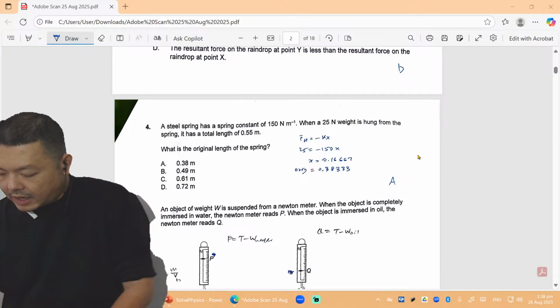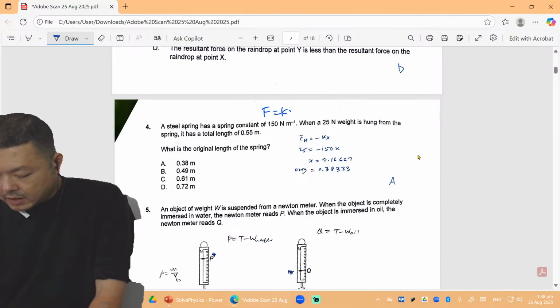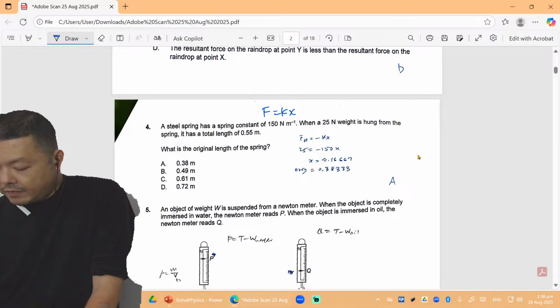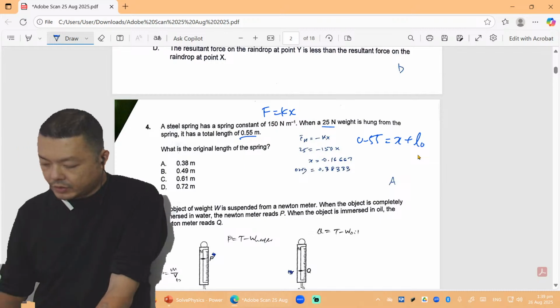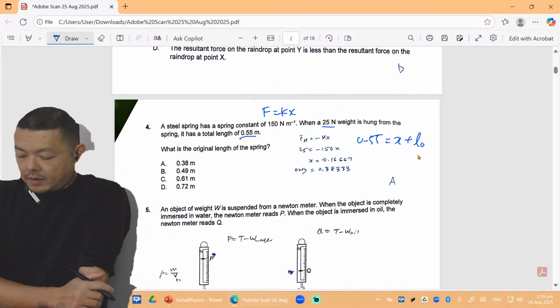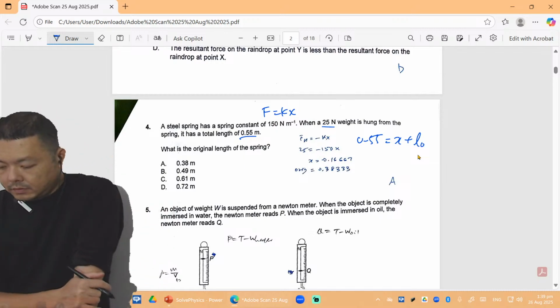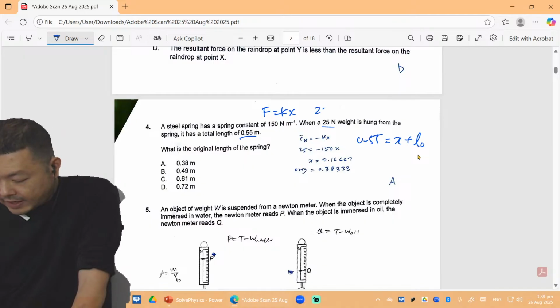So this one is F equals kx. But then for this one, the total length is 0.55, which means what? x plus L naught, right? So 0.55 equals x plus L naught, which is the original length. So 25.